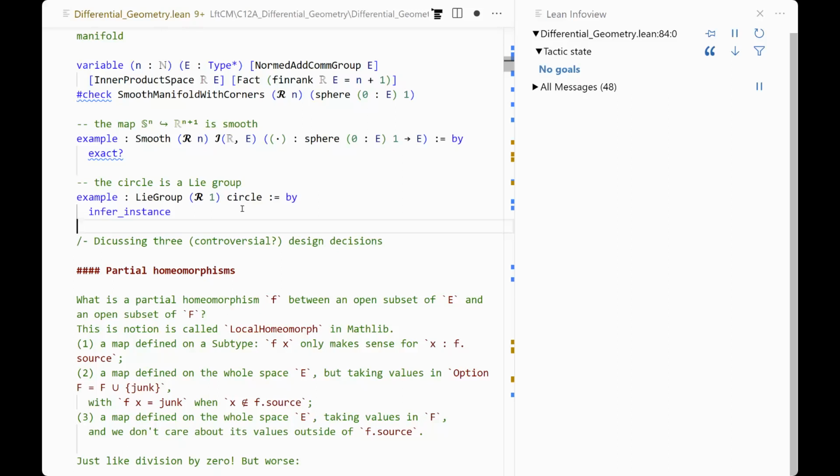What is this local homeomorphism? This is a notion called local homeomorph in Mathlib. And so one thing we can just do is we say it's a map on a subtype.